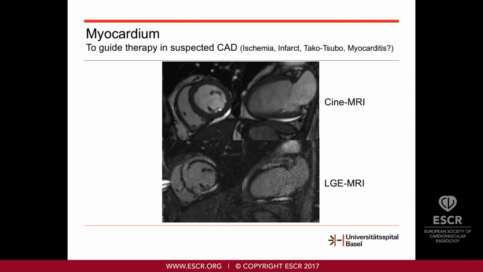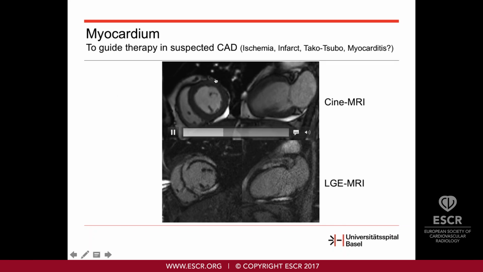Again, I'm showing you this case and the last two cases to illustrate how patients presenting with a similar clinical picture and with similar ECG and biomedical findings can have completely different diagnoses with completely different management strategies, and where MRI is very helpful to guide therapy.